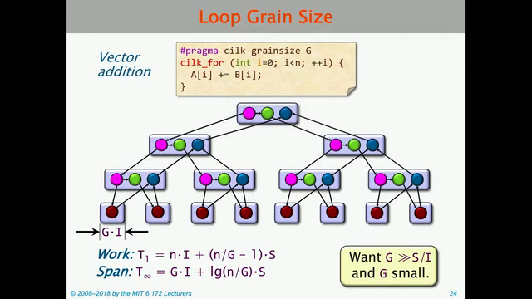If G is much greater than S over I, get rid of the minus 1, that doesn't matter. So that's really n times S over G. So S over G is much smaller than I. So I end up with something where the result is much smaller than N times I. Does that make sense?